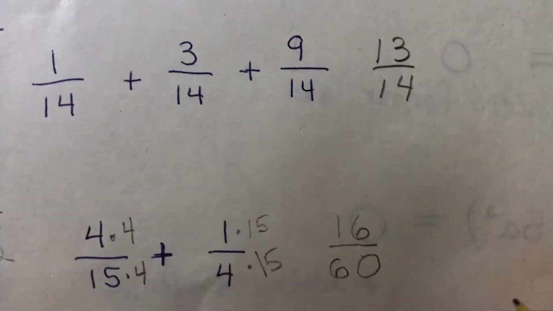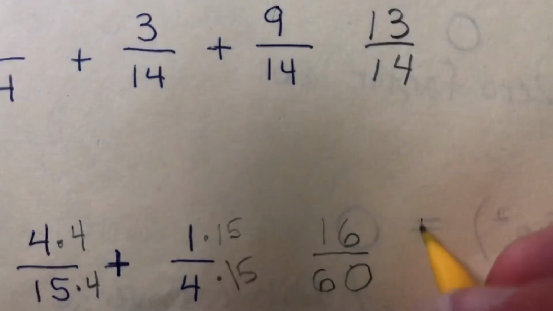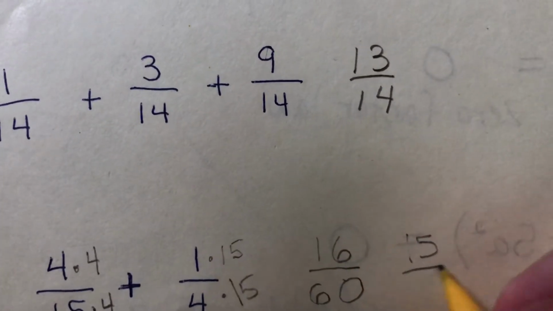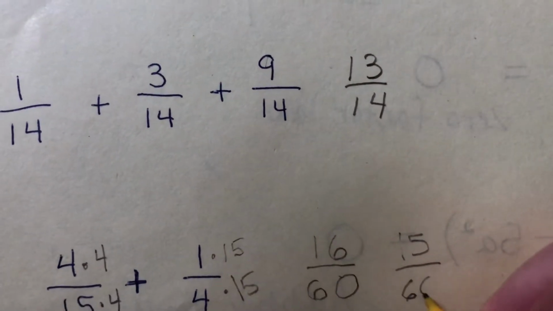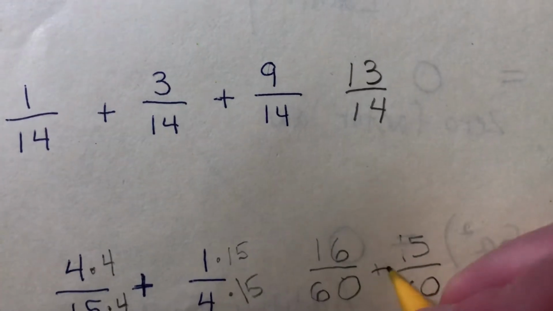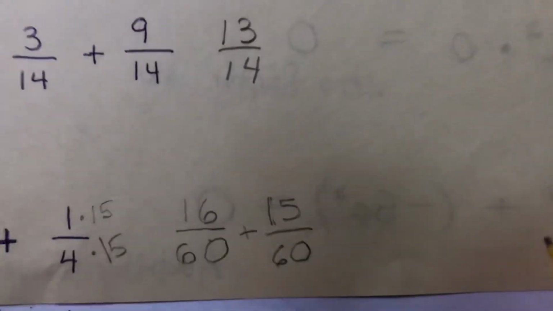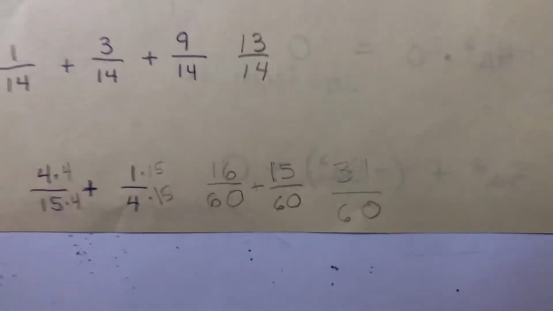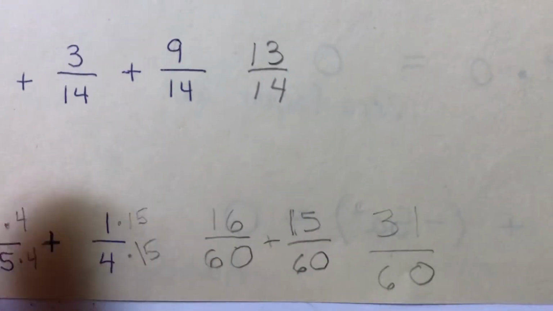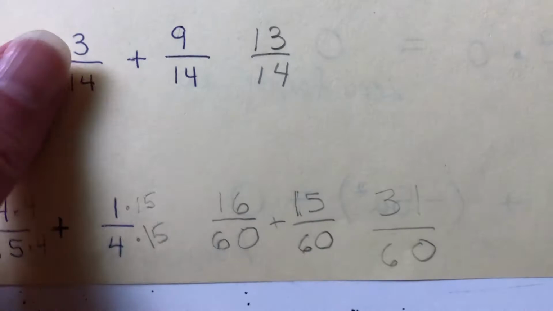And that gives me 15 over 60. So 16 over 60 plus 15 over 60 will be 31 over 60. So 31 over 60 is my final answer.